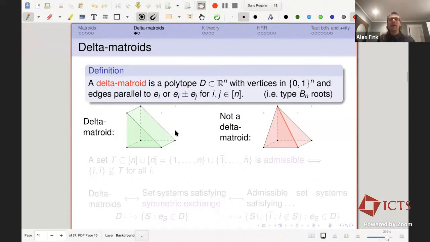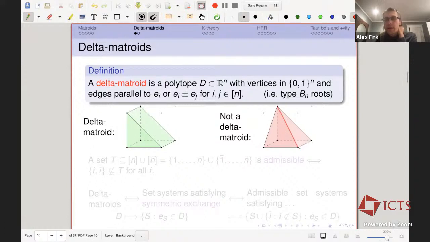So again, I've drawn an example and something that's not an example. Both of these have n equals 3. So they are subpolytopes of the unit cube. And you can see the non-example in red has a long edge that goes between the point 0, 1, 0 and 1, 0, 1 or something like that.